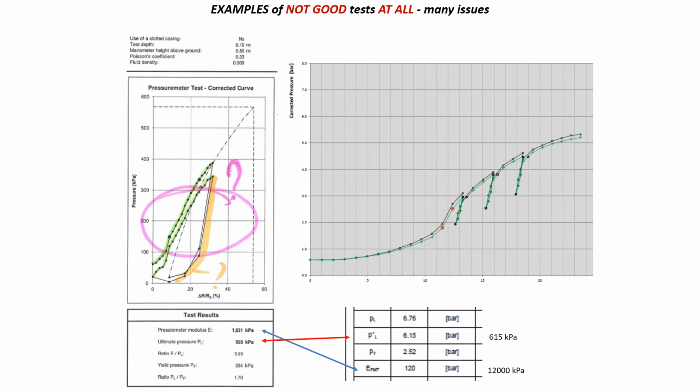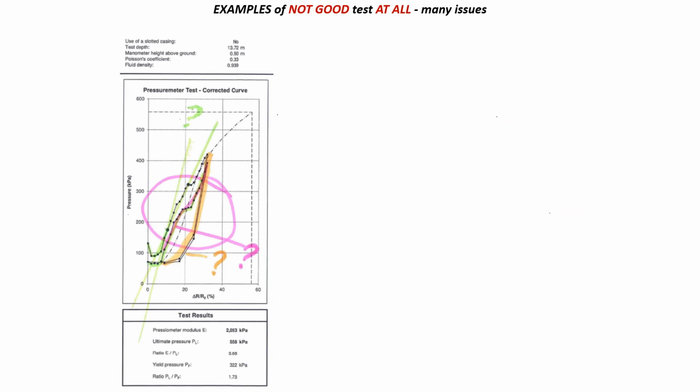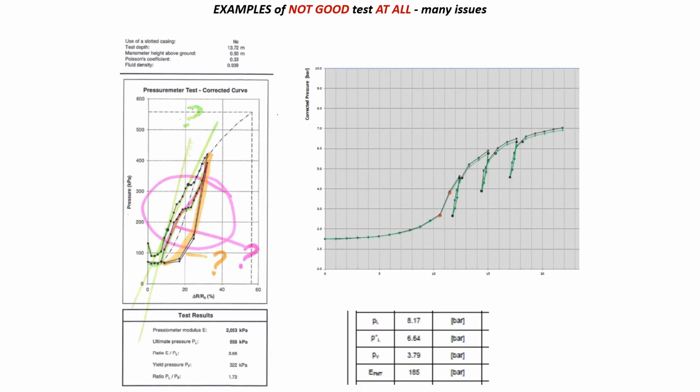Surprisingly, you can see the limit pressure is kind of decent, 568, 615. But again, on the second round of the test, it's a little bit higher. And sometimes it's very important if you need more bearing capacity. The same site, and it's even worse. Again, a consultant produced some results, and another consultant used exactly the same location, exactly the same depth, plus minus half a meter.